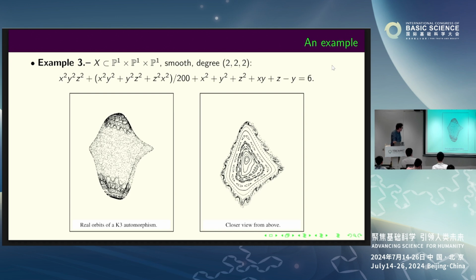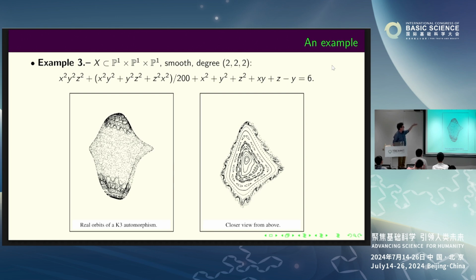So x is the first coordinate, y the second coordinate, z is the third coordinate. And I just use affine coordinates instead of homogeneous coordinates. And you write such an equation which has the property that if you fix two of the coordinates, for instance, x and z, and you look at the equation with respect to y, you see a degree 2 equation.